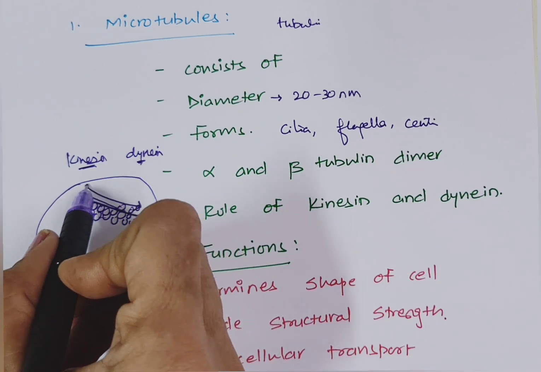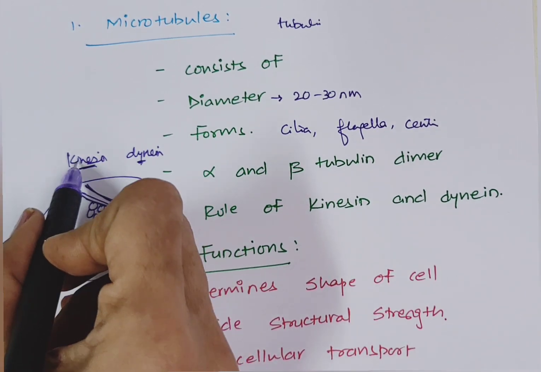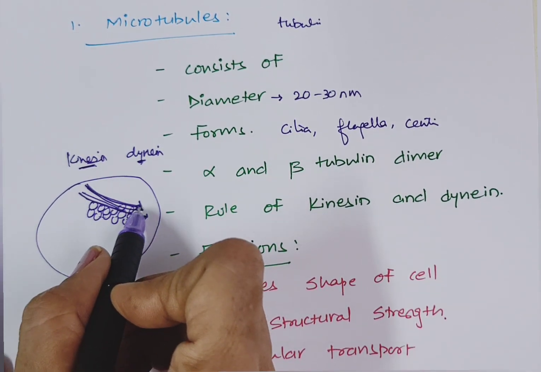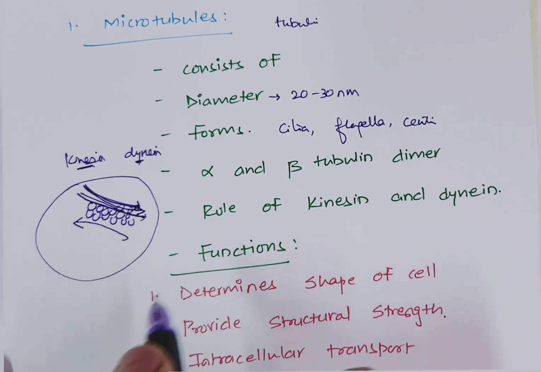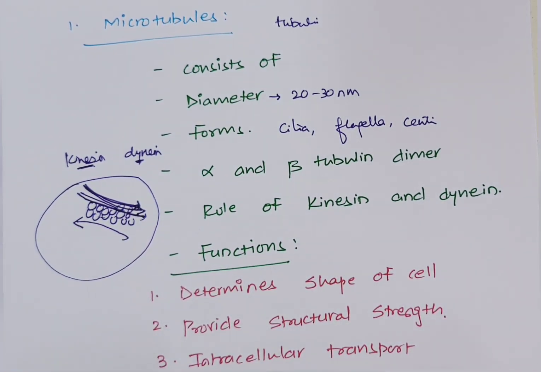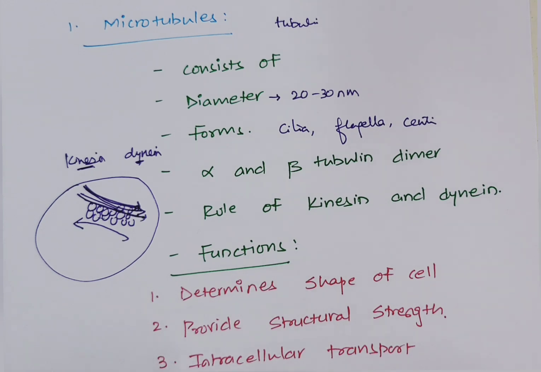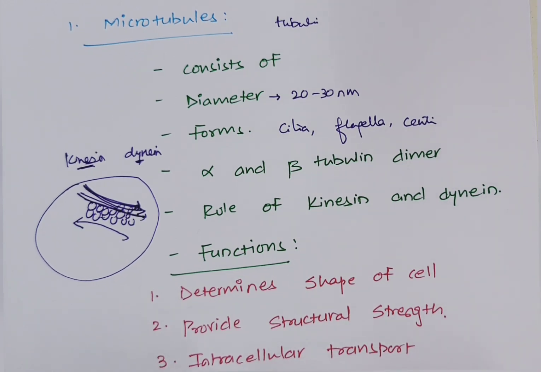Suppose we have a train which moves goods: this train moving away from the center is kinesin, and dynein moves towards the center. So the microtubule acts as a track, and kinesin and dynein are important for the movement of particles. So they are known as molecular motors.